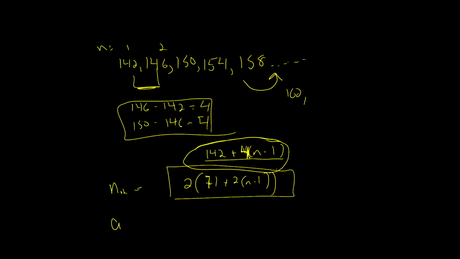And so in general, an arithmetic sequence is a sub 1 plus n minus 1 times the common difference, if we let d be the common difference, which is what I did here.